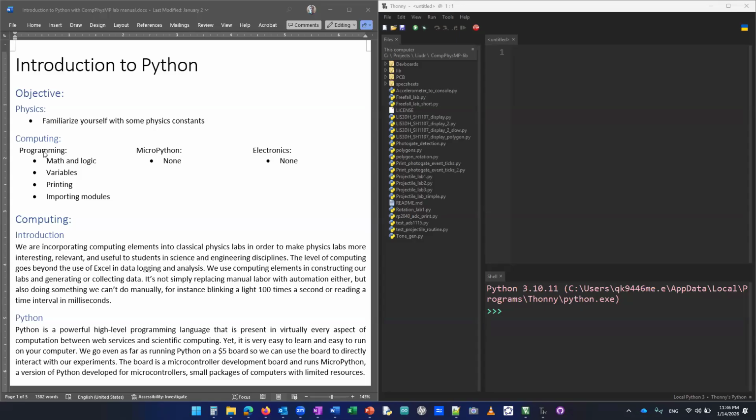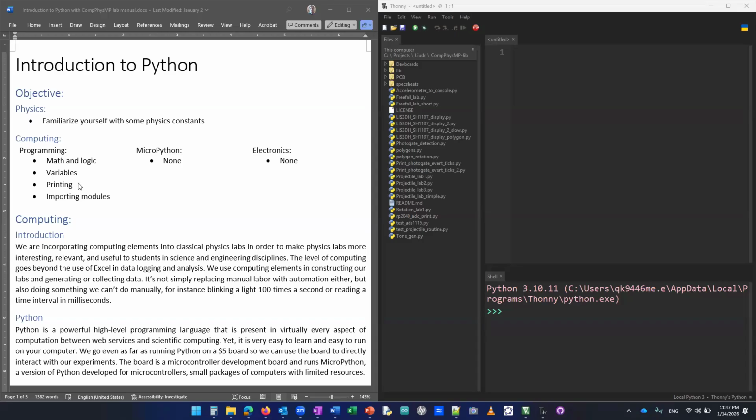So we're focused on just programming with regular Python, or just generic computer programming skills. First we'll go through some math and logic, then we'll use variables, and then we'll do some printing out of results, and we'll also do some importing of modules.